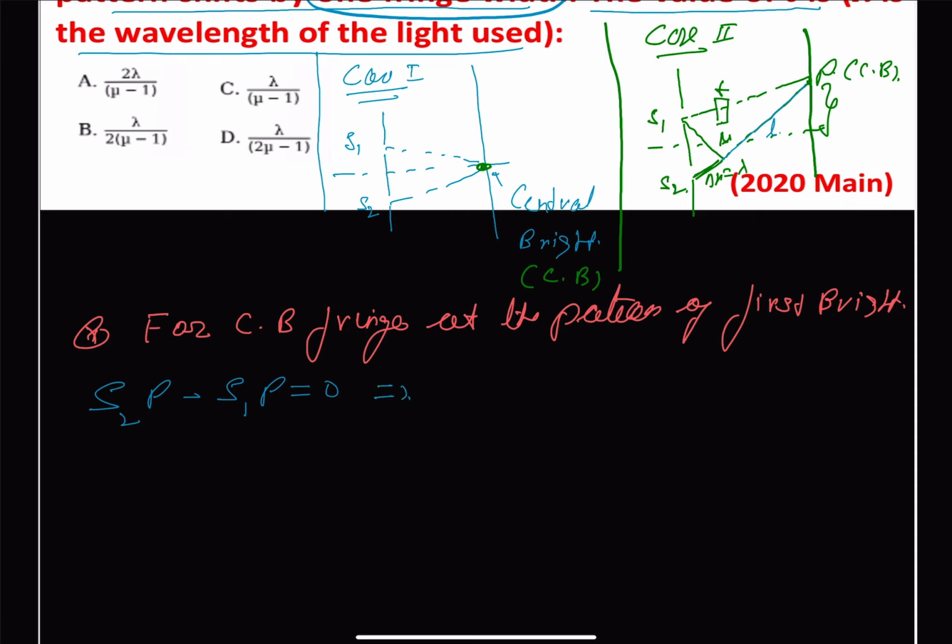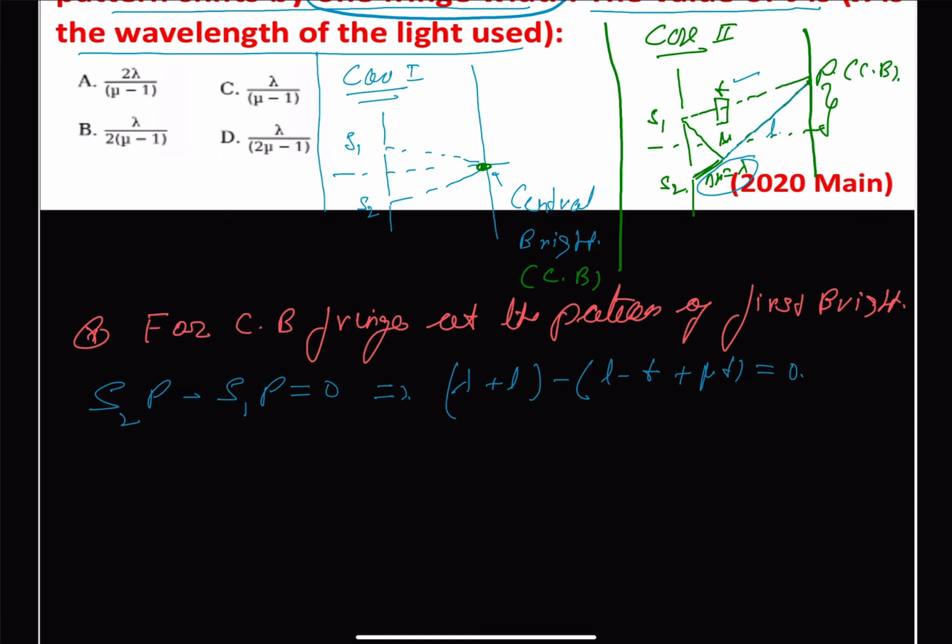So S2P will be delta x plus L, and delta x is equal to lambda. So we can write this as lambda plus L minus, and because of the thin glass film, the optical path length will be increased, and therefore we can write this as L minus T plus mu multiplied by T is equal to 0.